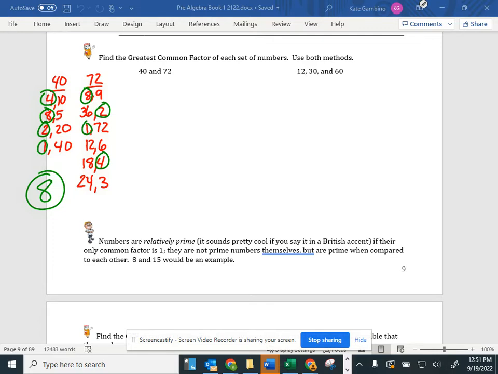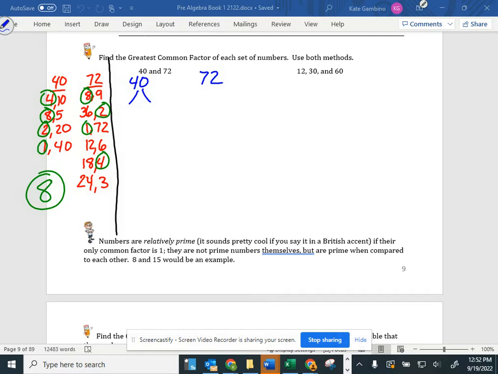So now I'm going to show you what making that factor tree was about with the prime factorization. So this time I'm going to put my 40, my 72, and I'm going to make a little tree off my 40. What are 2 factors of 40?